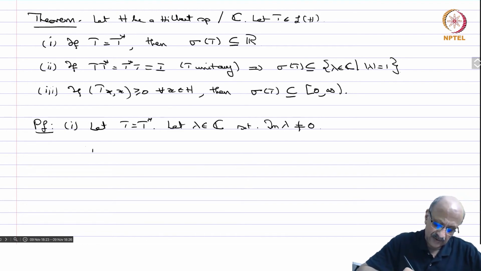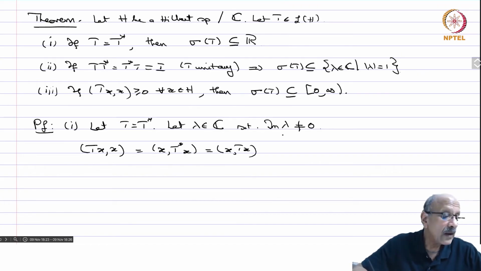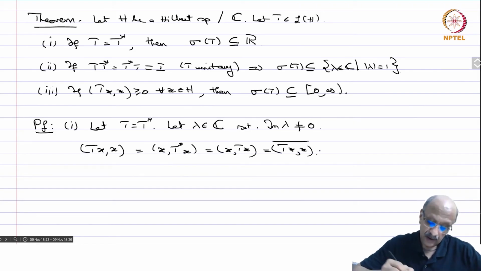Now ⟨Tx, x⟩ equals ⟨x, T*x⟩, which is equal to ⟨x, Tx⟩, which is equal to the conjugate of ⟨Tx, x⟩. Okay. So this implies that ⟨Tx, x⟩ is real for all x in H.